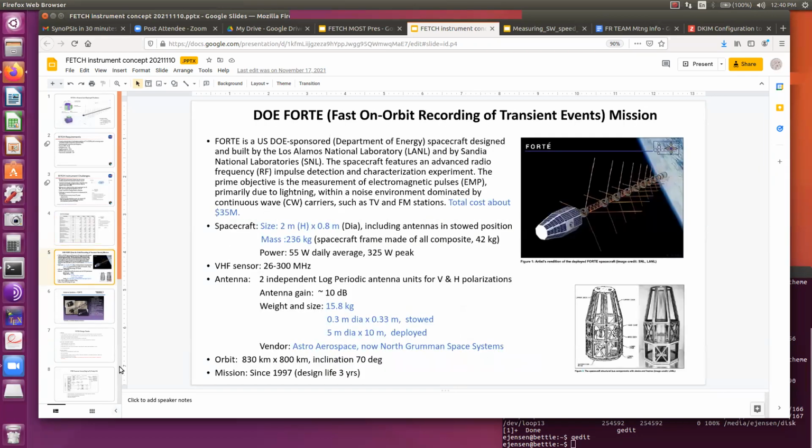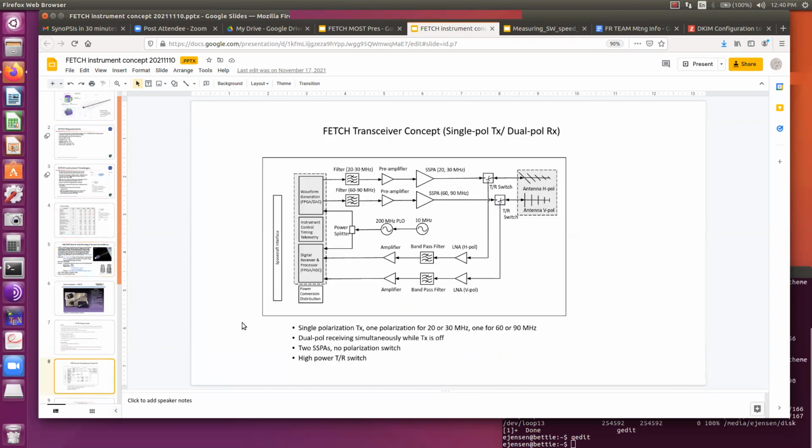Now, when it comes down to the signal and how it's handled, this is really complicated. We're looking at 4 different spacecraft, each of them sending 2 different frequencies, and so we need to offset the frequencies so that we can distinguish them.